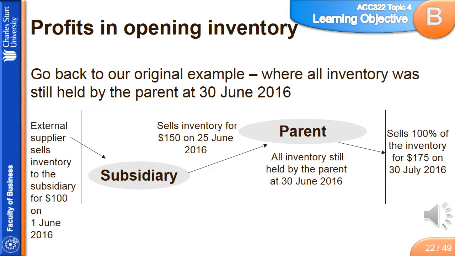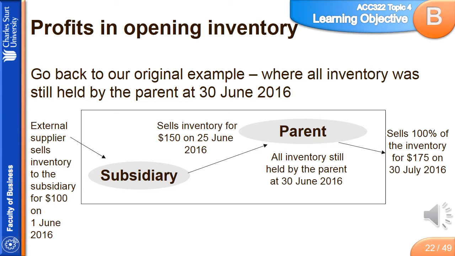Going back to our original example on slide 13, when we were focusing on profits in closing inventory, the events were that on the 1st of June an external supplier sold inventory to the subsidiary for $100, and then on the 25th of June the inventory is then sold to the parent for $150, and the parent still had that on hand as at the 30th of June 2016.